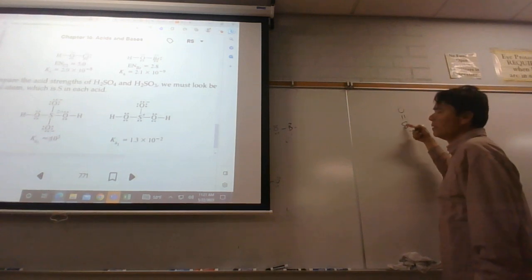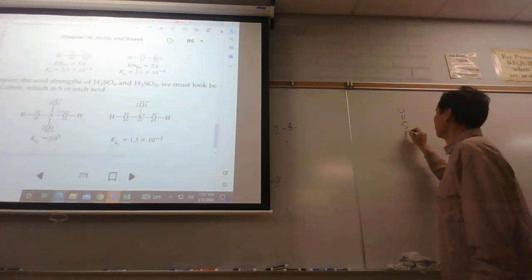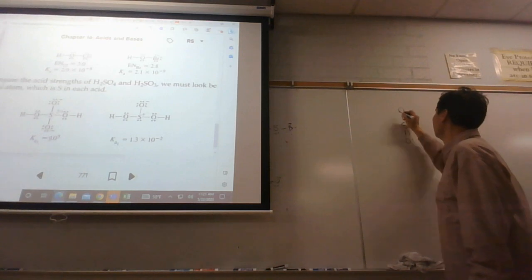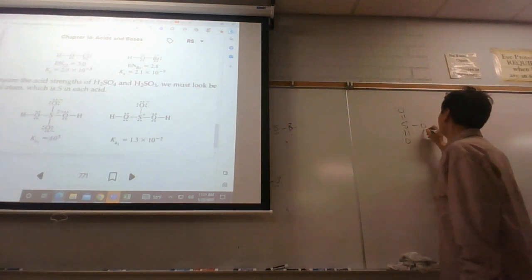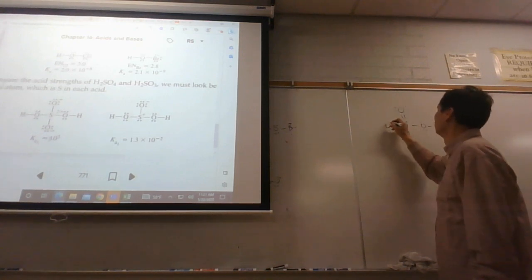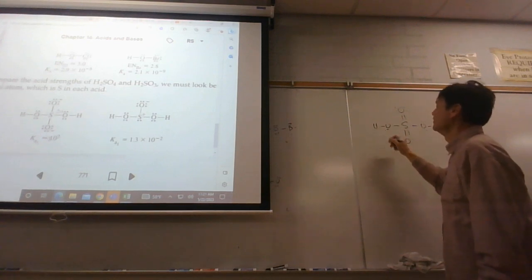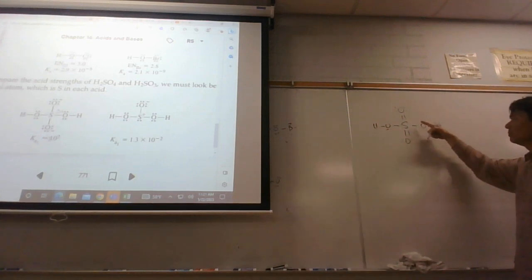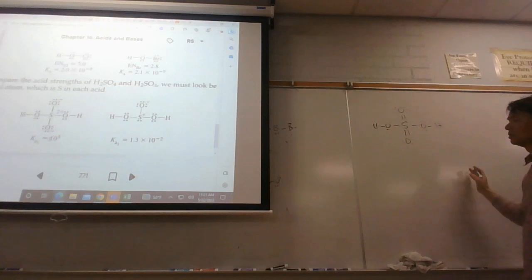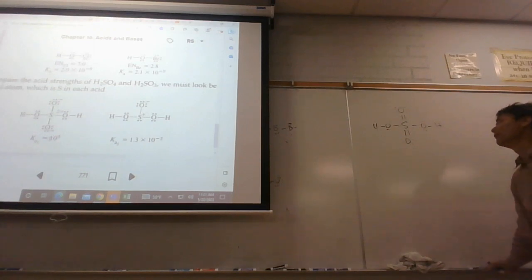So we could have one double bond, which would require one pd pi bond, or we could have two double bonds, which would require two pd pi bonds. And so I would draw it: octet, one double bond, two double bonds, and the Lewis resonance forms for those.